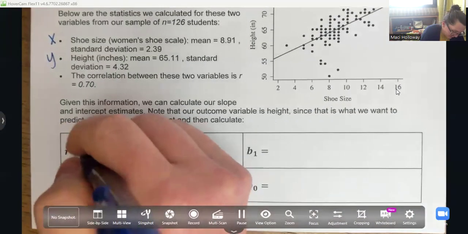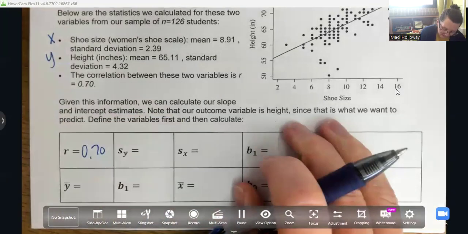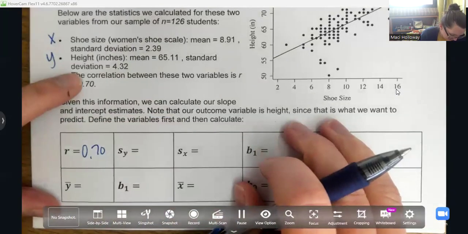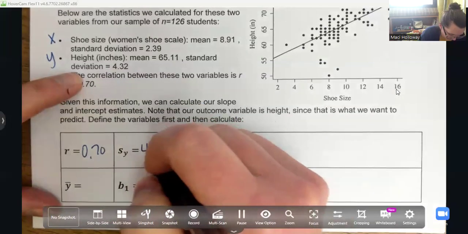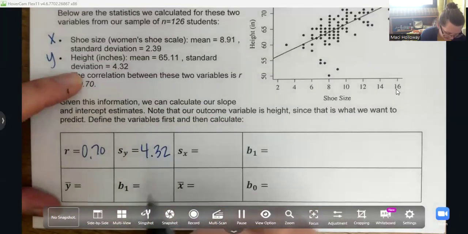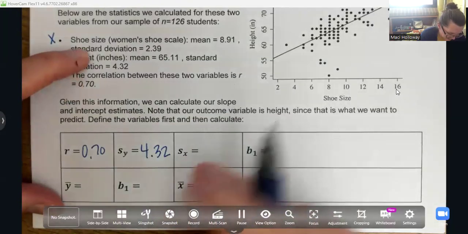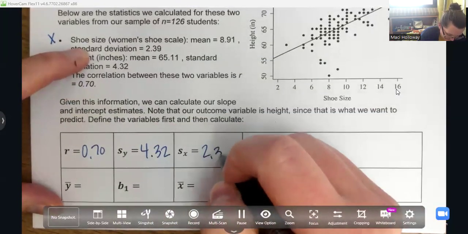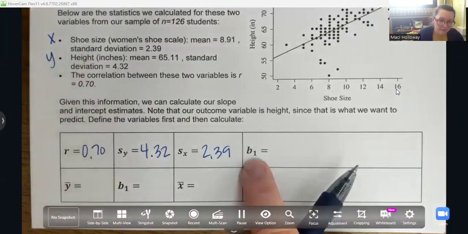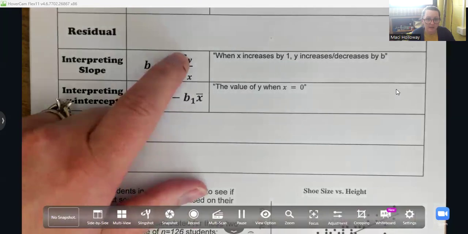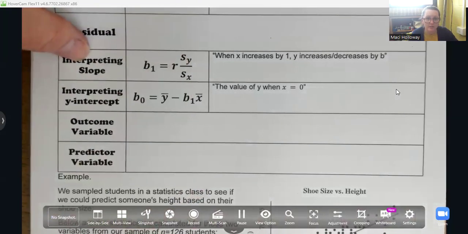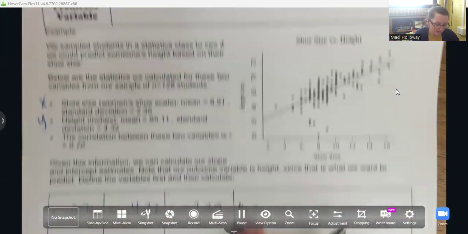So our R value we know is 0.7. Our standard deviation of our Y value here is 4.32. Our standard deviation of our X value here is 2.39. So going back to our formula up at the top, it was the R value times the quotient of our two standard deviations.